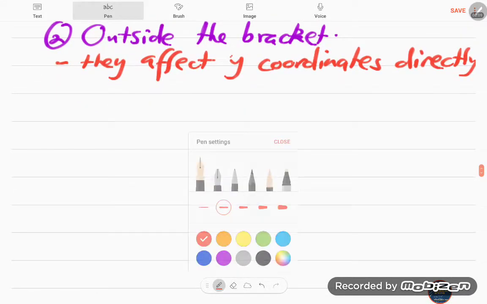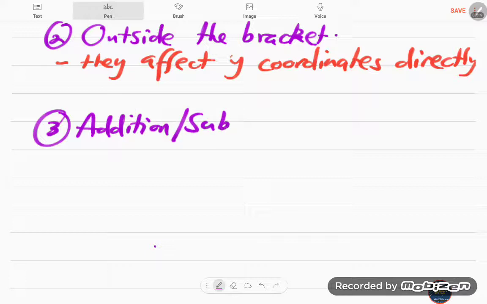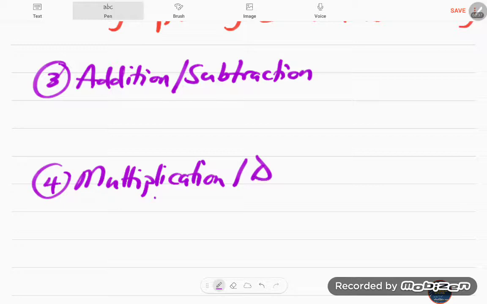And then again, we are going to talk about whether we have addition, subtraction, in which case these are going to give us a different type of transformation as compared to, for example, having multiplication or division.